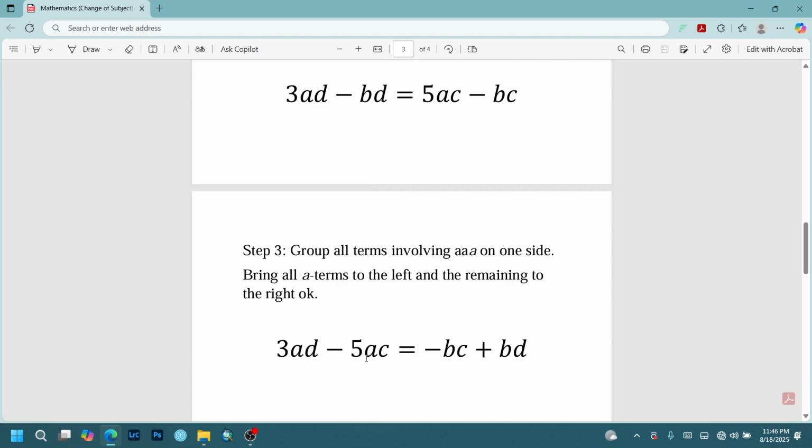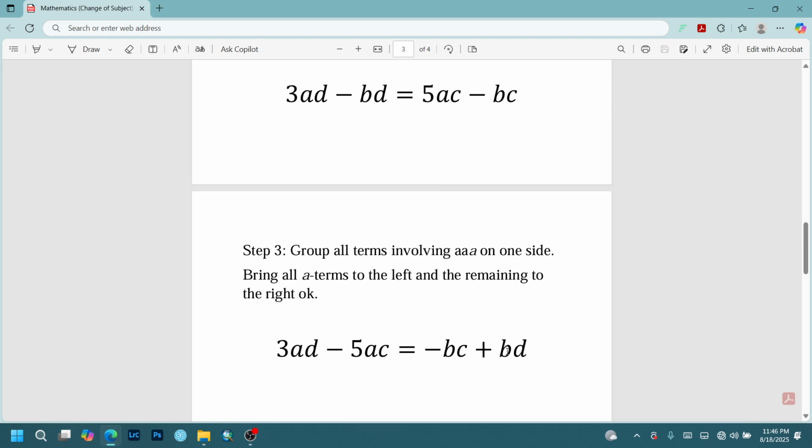We maintain the negative BC, and the negative BD on the left side becomes a positive BD after it crosses the equal to sign.